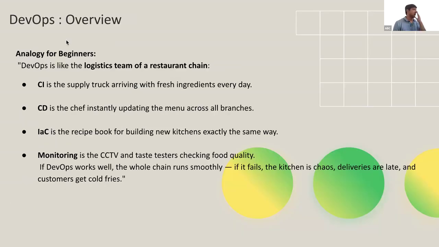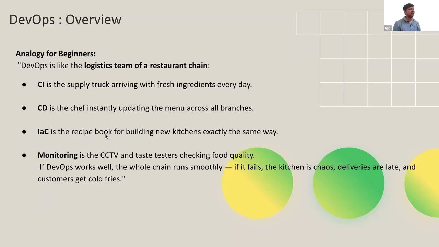And DevOps, okay, this is the analogy that we have given. DevOps is like the logistics team of a restaurant chain. CI is the supply truck arriving with fresh ingredients every day, how those would come. CD is something like updating the menu across all the branches, because we are deploying that menu at many places, in many units and branches.